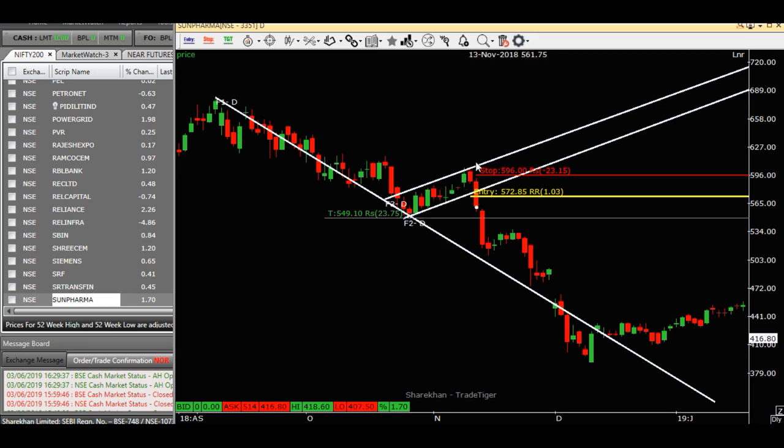We can calculate that distance and add it to the entry, which can become my target, or you simply keep it as the low of the pullback, where the pullback starts from. Essentially, this entire area is the pole and this portion is the flag. So your target can be the bottom of this pole.